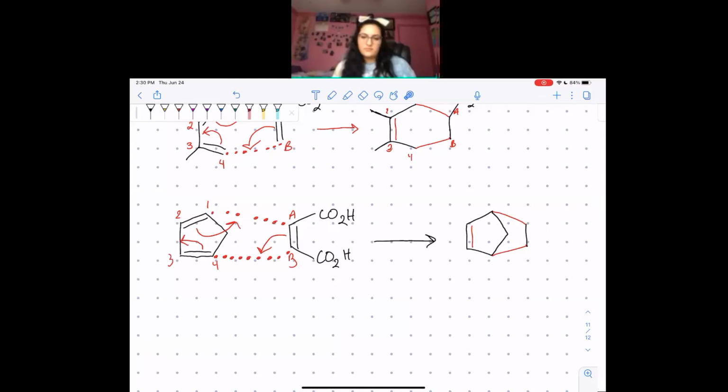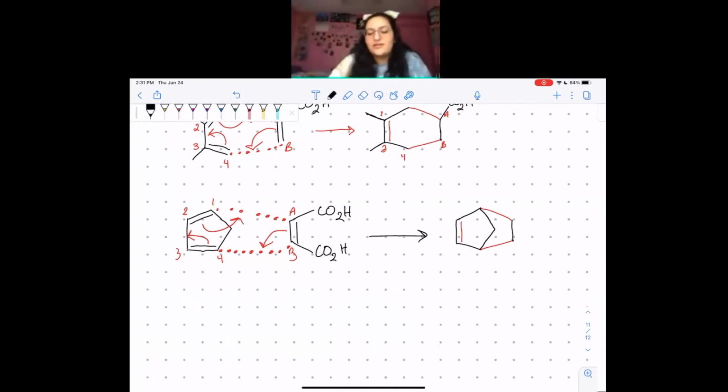What did we say about the configuration of the dienophile? Yes, so we are maintaining the configuration. So we started cis, so we are going to end with cis. So either both groups are going to point up, or both groups are going to point down. And now we have to figure out which is going to be the case.